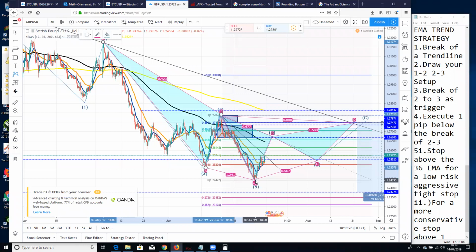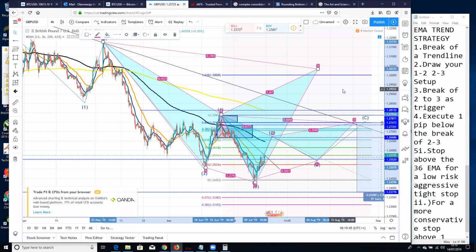There's a shark pattern formation. A shark or cipher pattern that can push price up to 78.6, which is still going to be above that trend. So that wouldn't follow for now.